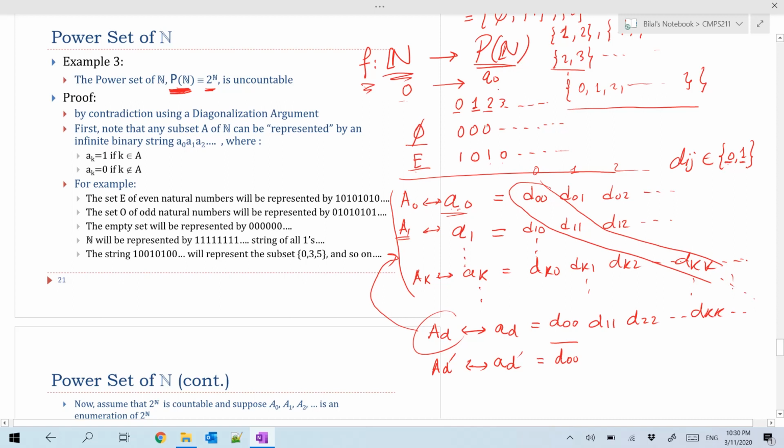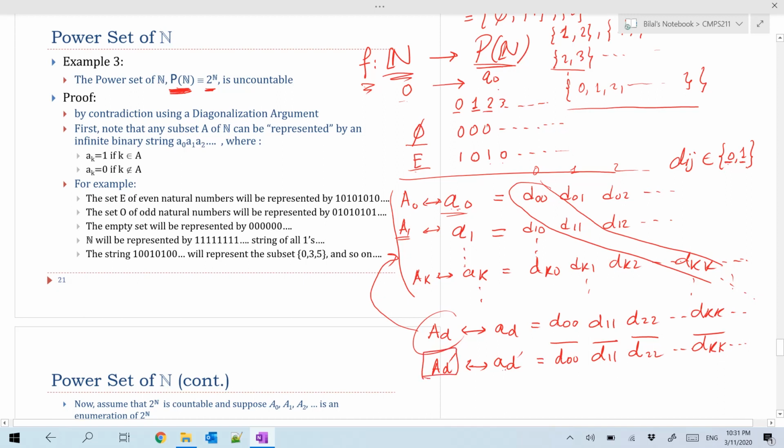And if d1,1 was equal to 1, I will put 0 here, and vice versa. So I will consider a new sequence composed out of the binary complement of all those digits.